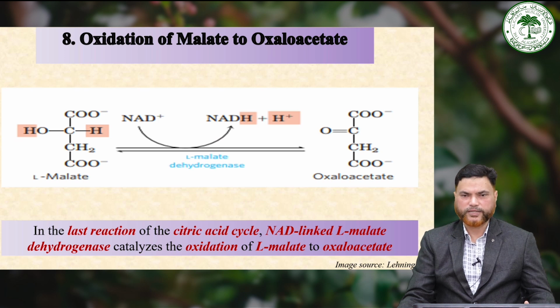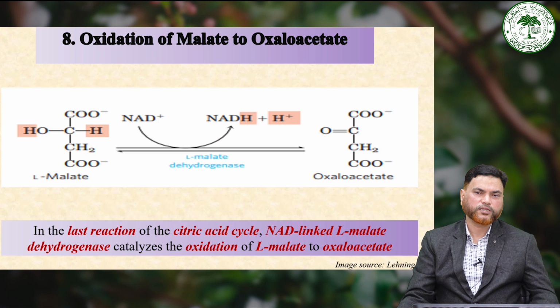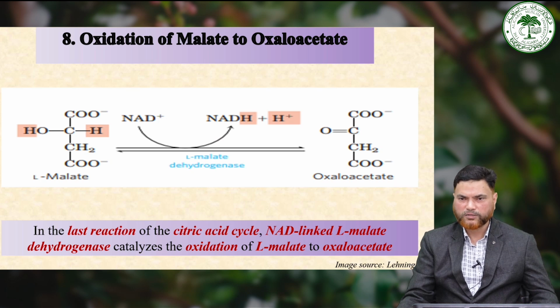Malate dehydrogenase is the enzyme responsible for this reaction and is ubiquitous, with different isoforms found in mitochondria, cytosol, glyoxysomes, and peroxisomes. This is also very important to note at this point. Just recall that in the chloroplast of C4 plants, a particular NADP-specific malate dehydrogenase is present, playing a crucial role in the production of malate from oxaloacetate during the C4 pathway of carbon dioxide assimilation.